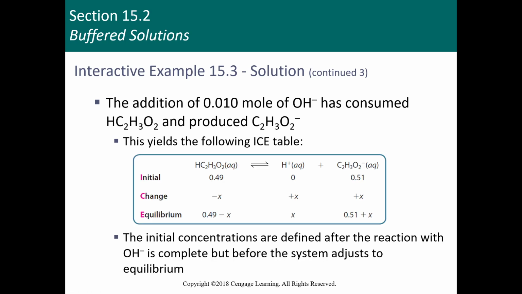Our big difference in this case is that it's the same problem, but with new initial concentrations, the ones we found due to the neutralization of the OH minus. So our initial concentration for this is 0.49, and for the acetate anion it is 0.51. Whatever we use up here, minus x, is going to be made over here, plus x. So this is 0.49 minus x, and 0.51 plus x.